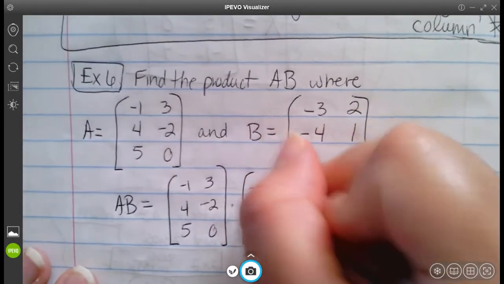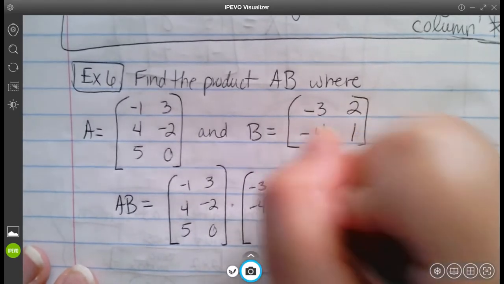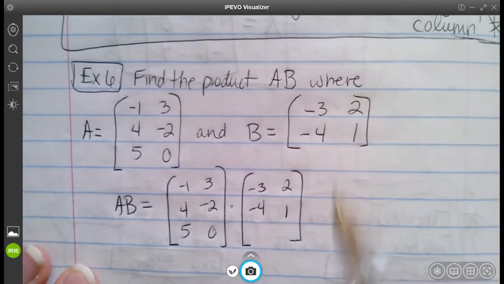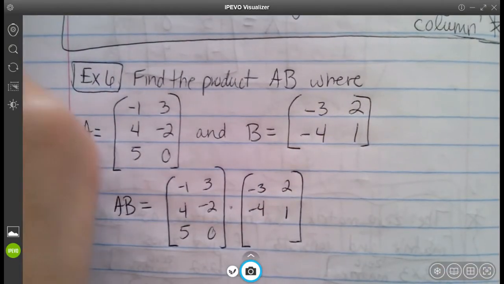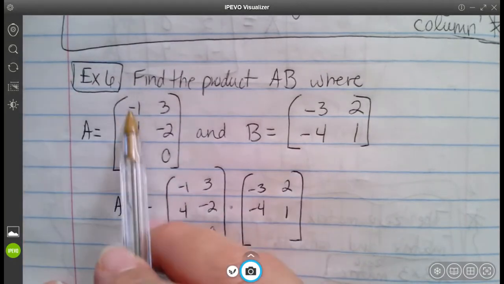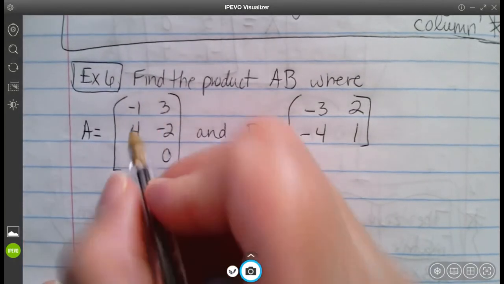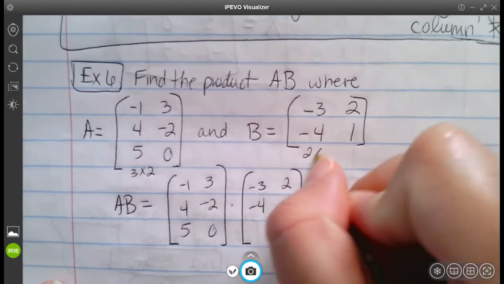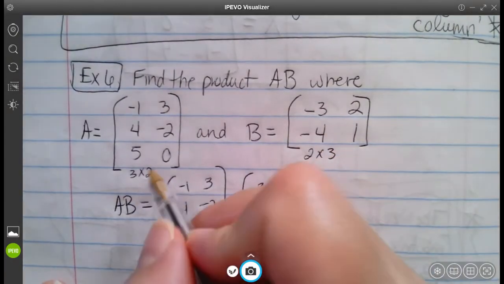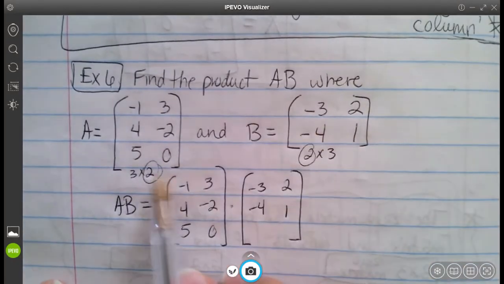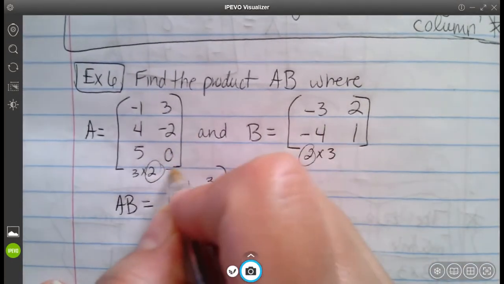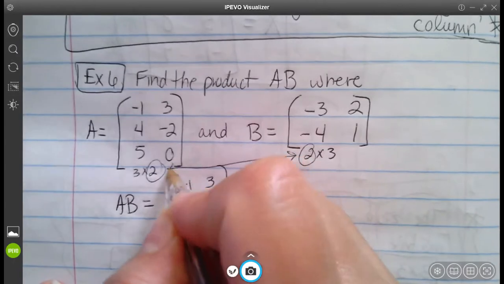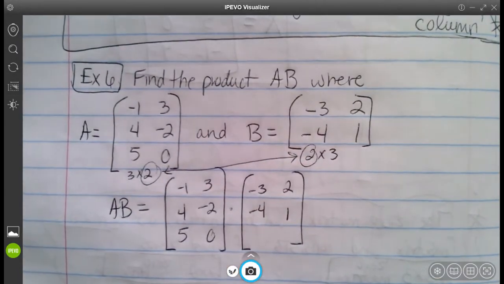So negative 3, negative 4, 2, and 1. You'll notice that the dimensions certainly are different. This guy is 3 by 2, and this one is 2 by 3. But you'll notice that the inner dimensions are in fact the same, so we are allowed to do this multiplication here.